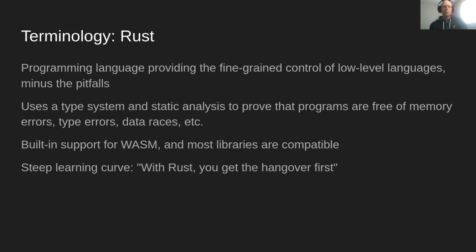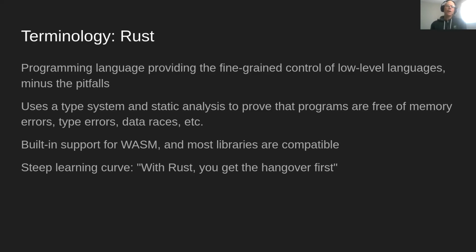And so, repeating what I just said, it uses the type system and static analysis to essentially prove that a program is free of these various classes of, unfortunately, very common errors in the C and C++ world, and not just that, but data races as well. There's a sort of catchphrase in the Rust world, which is called fearless concurrency.